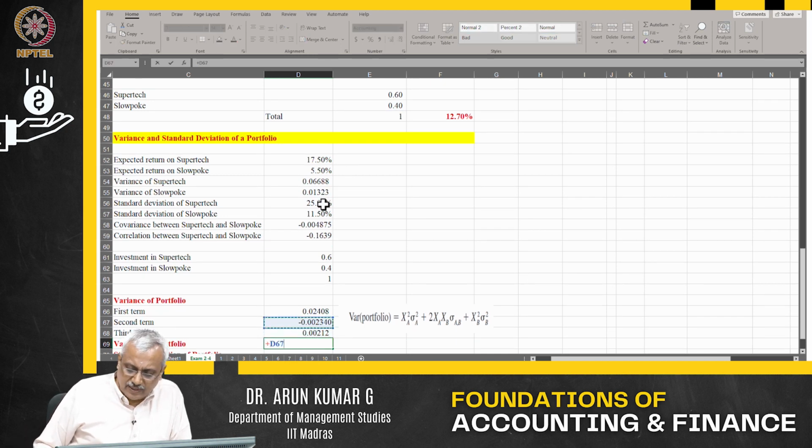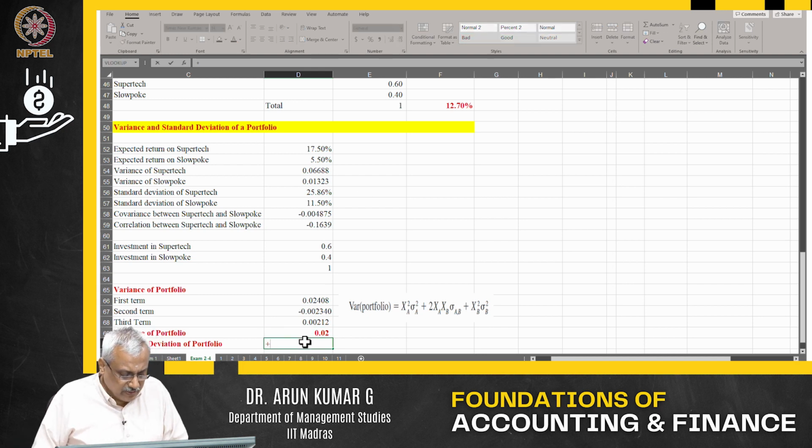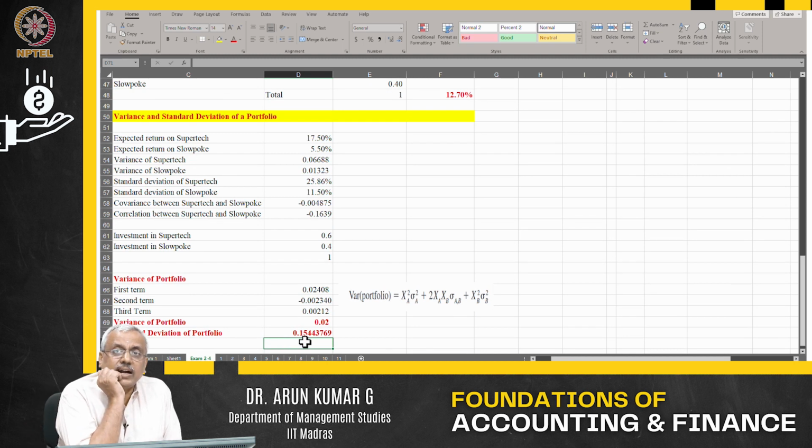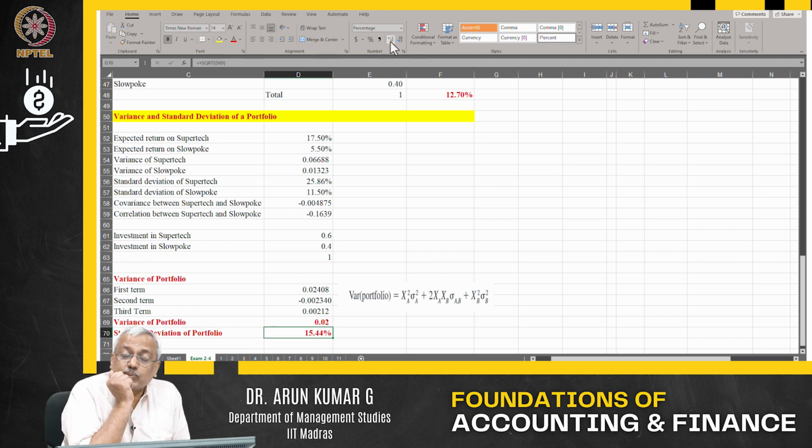Variance is this plus this plus this, and it is 0.02. What is the standard deviation? The square root of the variance is the standard deviation, and the standard deviation of the portfolio is about 15.44%.